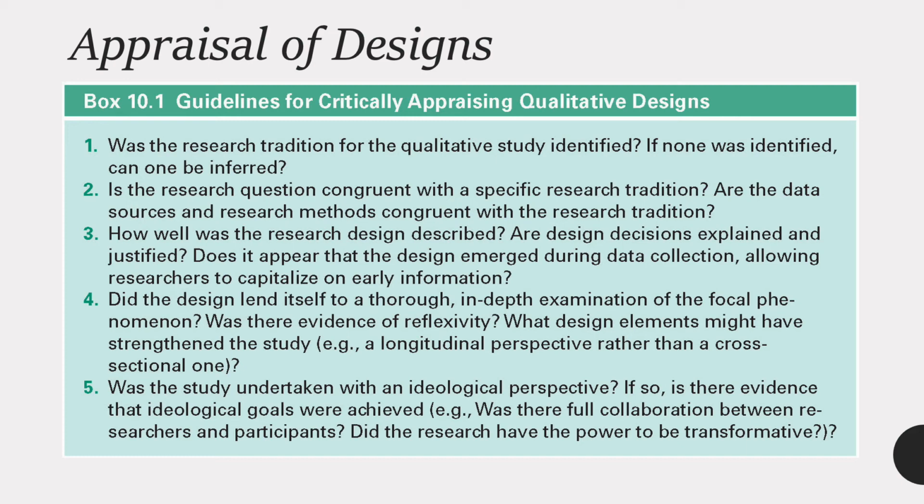Are the design decisions explained and justified, and does it appear that the design emerged during data collection, allowing researchers to capitalize on early information? Remember, we just said that one of the advantages of qualitative research is that while you start out with the design, based on the analysis and data you're collecting, you may be able to adjust that design.